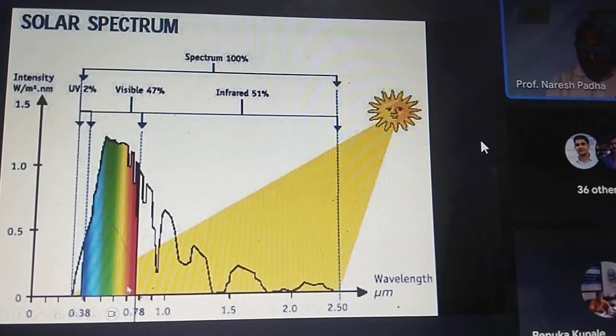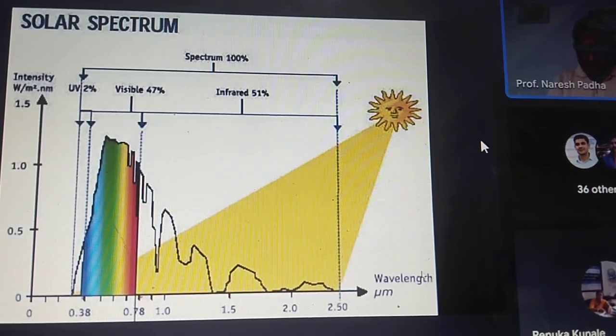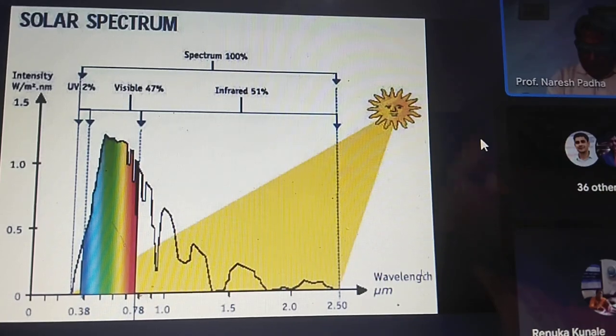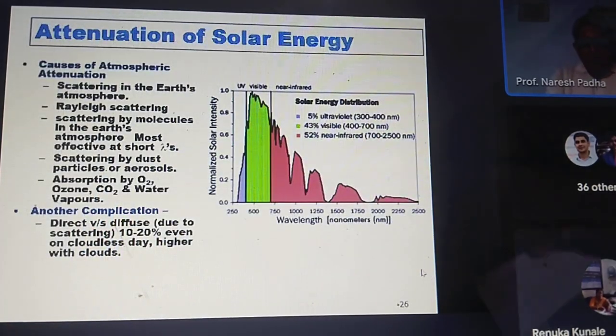If you classify the spectrum in terms of ultraviolet, visible, and infrared, the classification is from 0.38 to 2.5 micrometer. Micrometer is the wavelength spread.